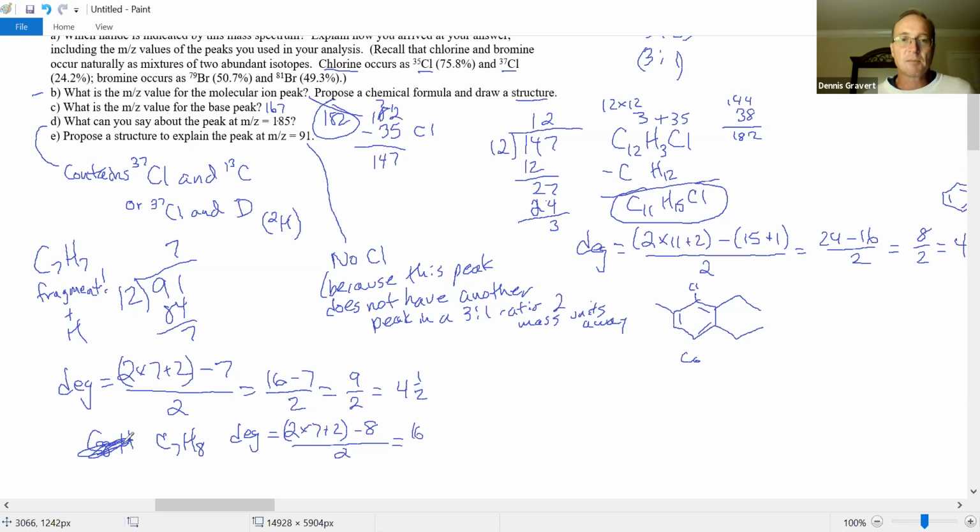That's 16 minus 8 over 2. That's 8 over 2, which is 4 degrees. I suspect a benzene ring. Oh yeah, because the molecule had a benzene ring. But there's 7 carbons. So it's not just a benzene ring. It's going to be these 6 carbons of the benzene ring, and then the 7th one here.